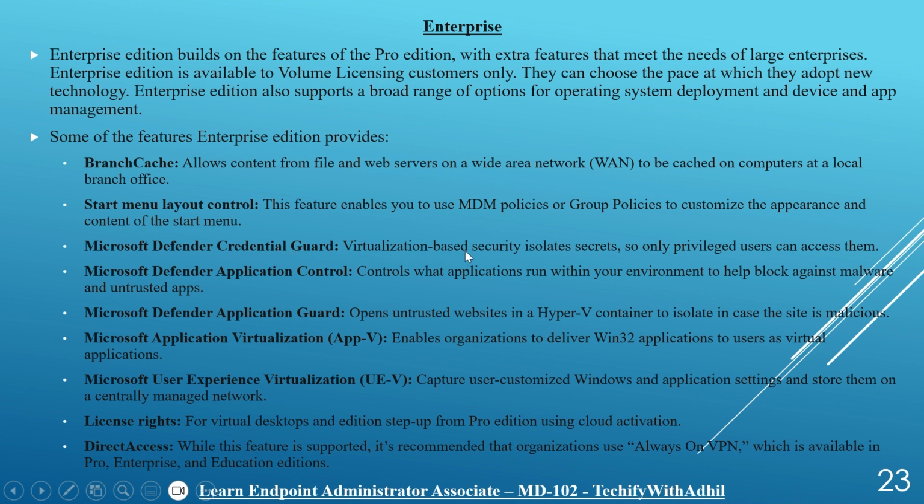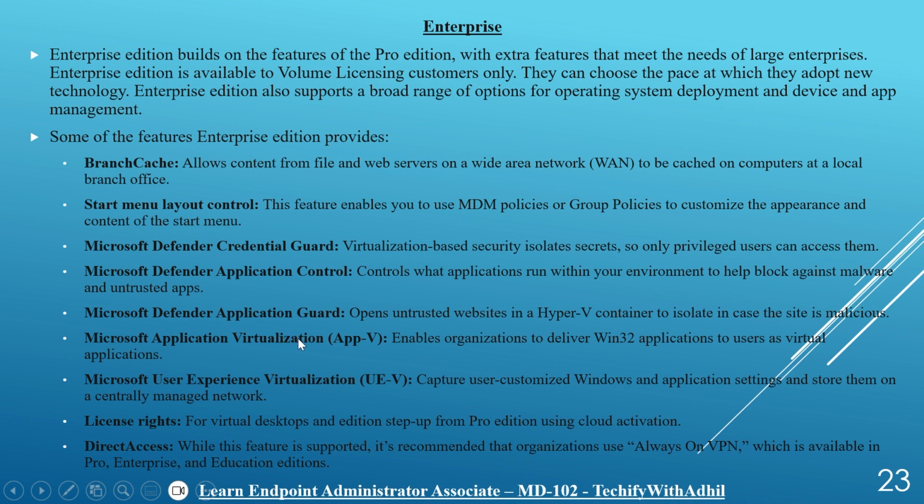So virtualization based security isolates secrets so only privileged users can access them. It controls what applications run within your environment to help block malware and untrusted applications. It's a security feature. Microsoft Defender Application Guard opens untrusted websites in a Hyper-V container to isolate in case the site is malicious.